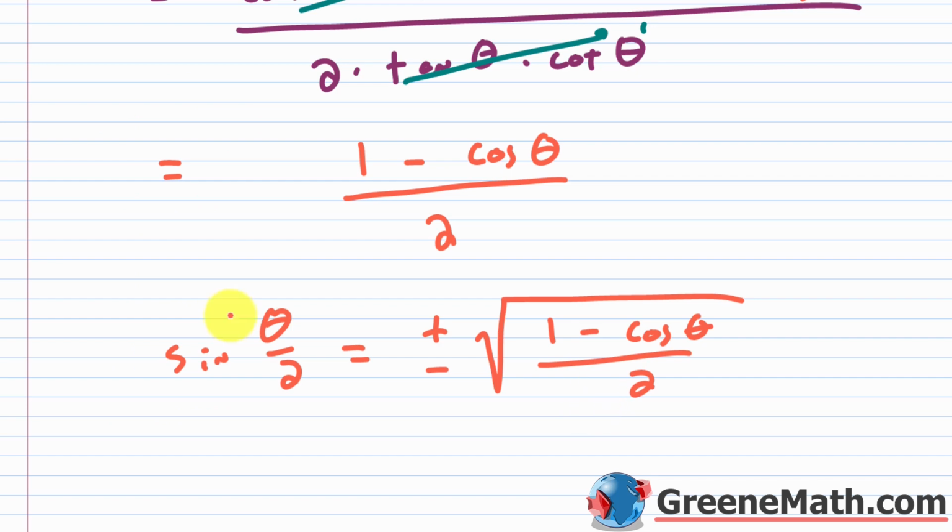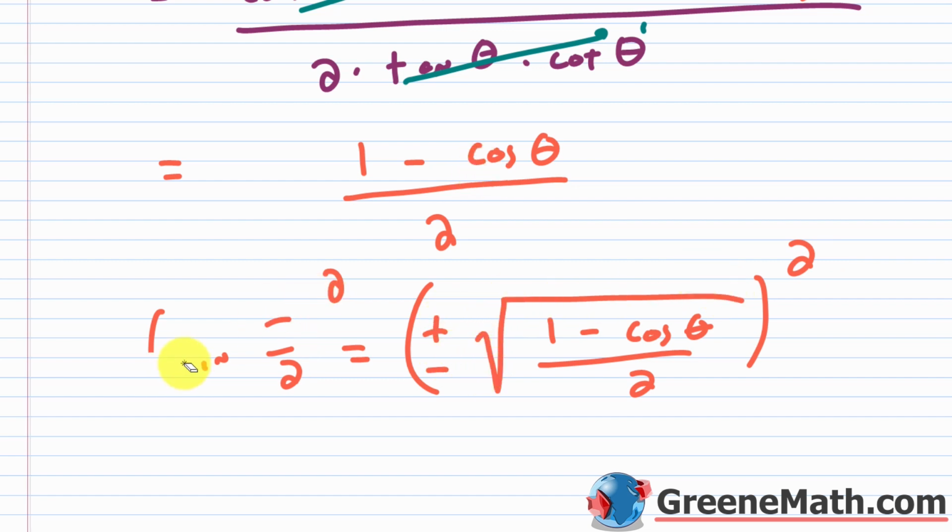Now, what I want is sine squared of this guy. Again, it's probably easier just to notate it this way. So I want this guy. Well, basically, I'm already there, right? So if I go plus or minus the square root of this guy squared, it's going to cancel the plus or minus square root part, and I'm just left with this.